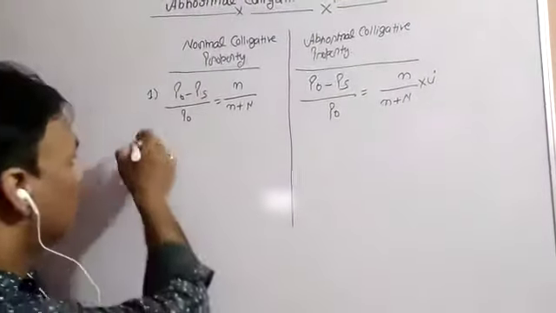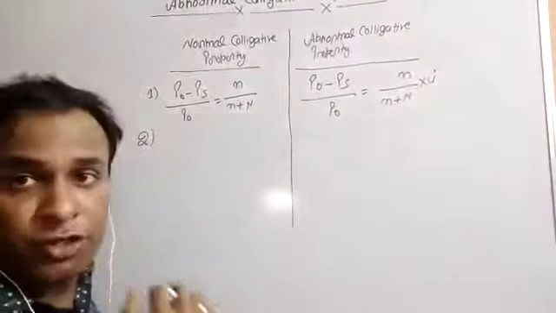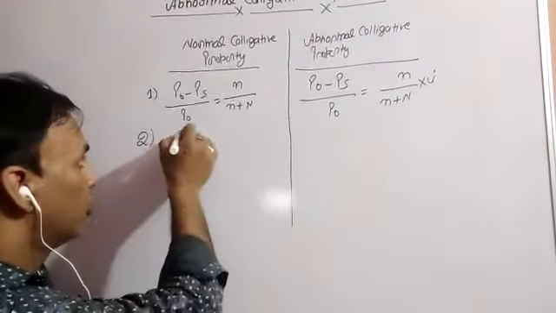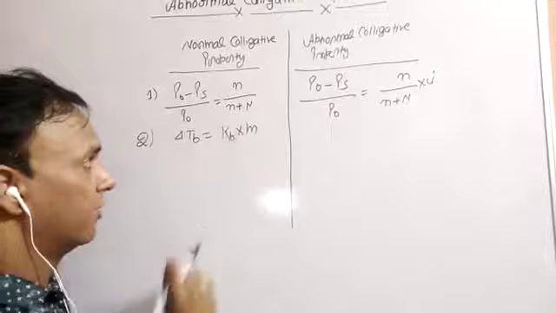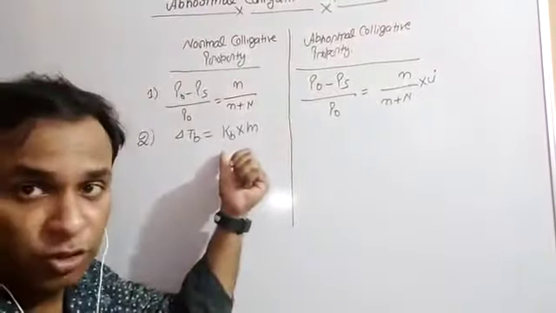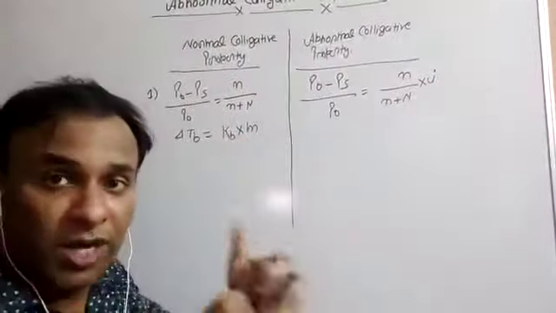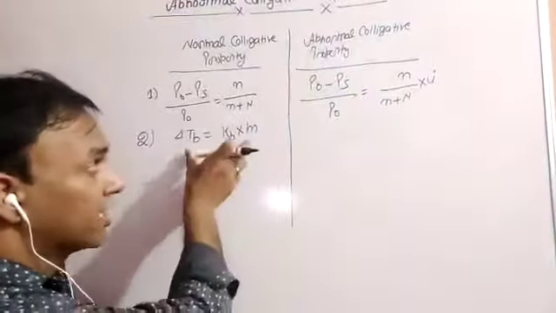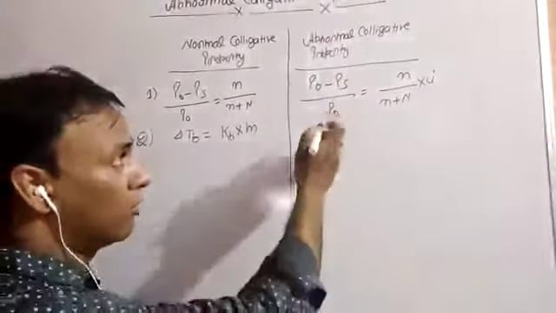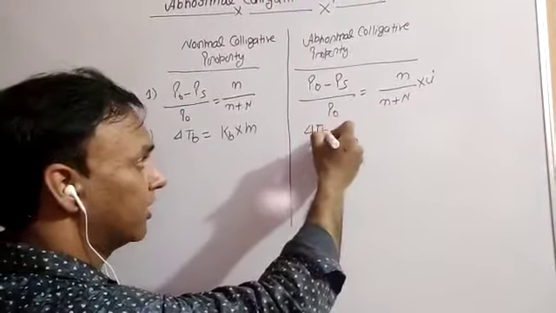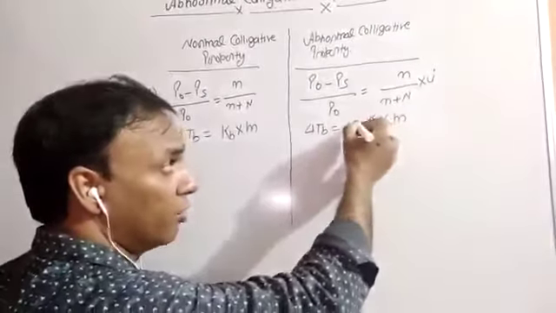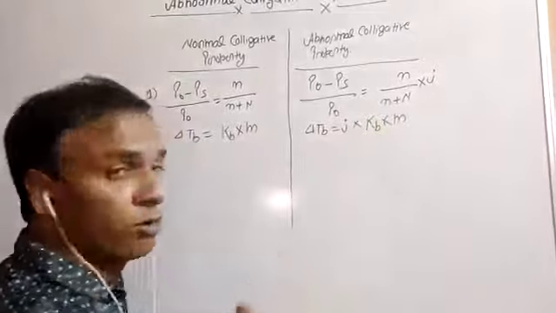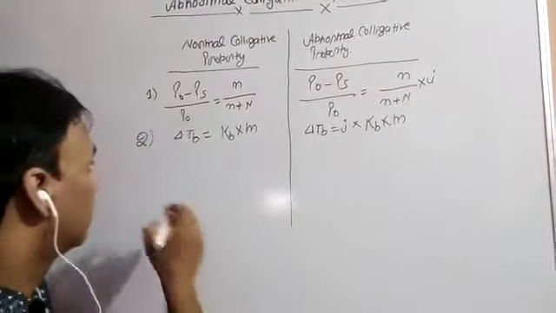Clear? The next property is elevation of boiling point, delta Tb equals Kb into m, where Kb is the molal elevation constant and m is the molality. Similarly, for abnormal colligative property, delta Tb equals Kb into m multiplied by the van't Hoff factor i. Clear?